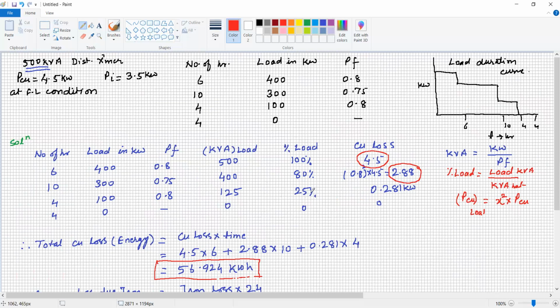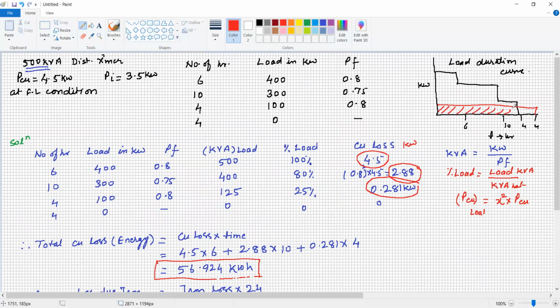In the third case, the copper loss at 25% load is again very small. Now next, calculate the energy loss. Kilowatt multiplied by time is the energy loss, whereas the iron loss remains present for the full 24 hours.